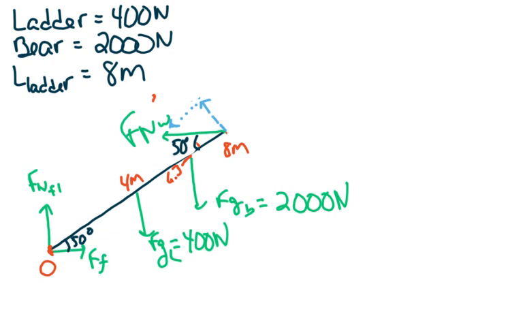If 50 degrees is down here, where is the 50 degrees then in the components? These are perpendicular, so that means this one's 40, which puts the 50 up here. So my normal force from the wall, that vertical component, is the normal force times the sine of the angle. Are we okay with that?